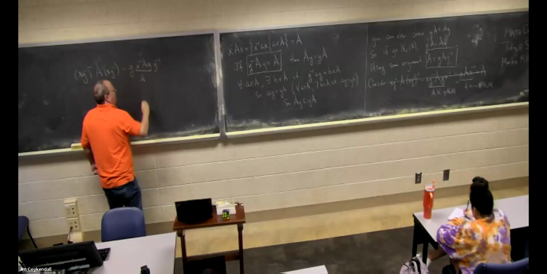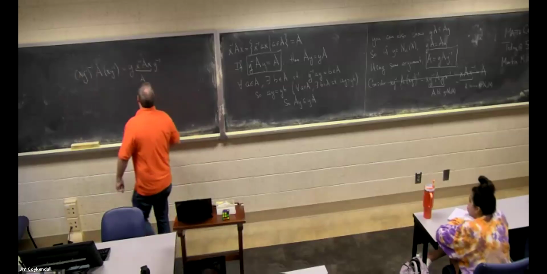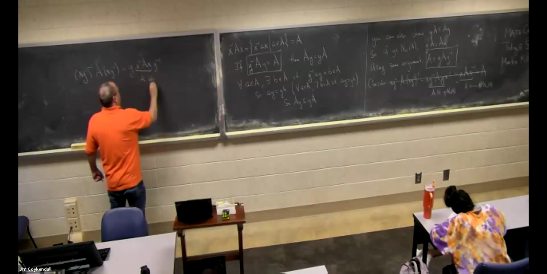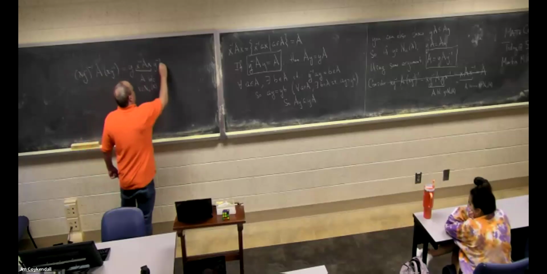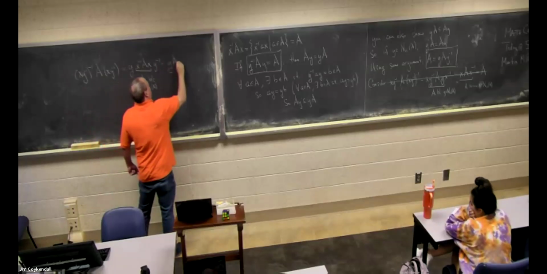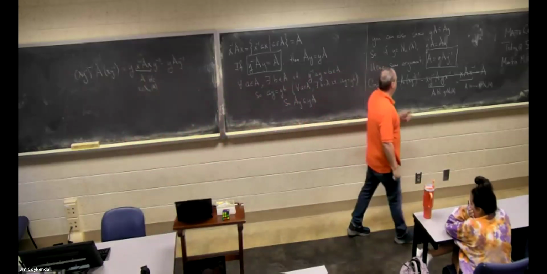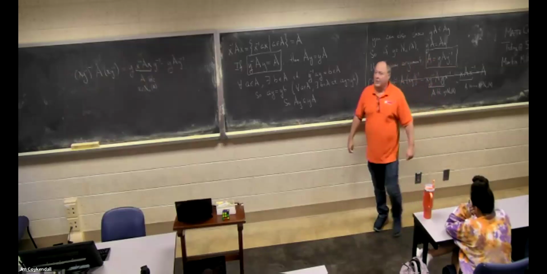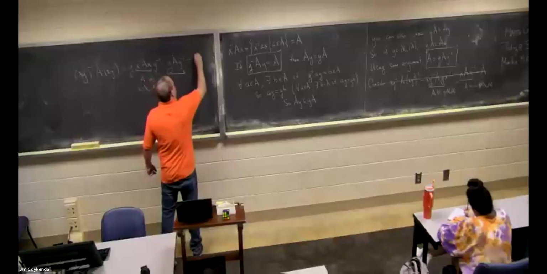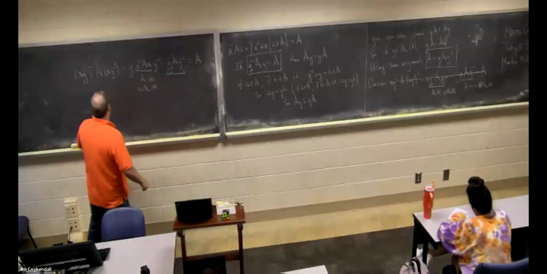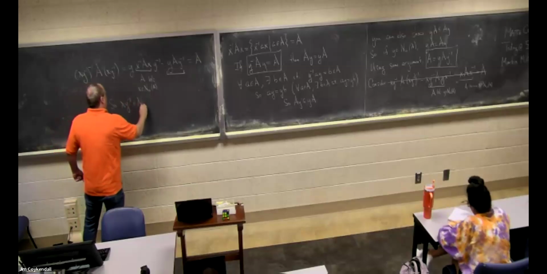And this thing is A because X is in the normalizer. So this is Y A Y inverse. And this is without any substitution. This is more explicitly what we show here. This is equal to A. So X Y inverse is in the normalizer.